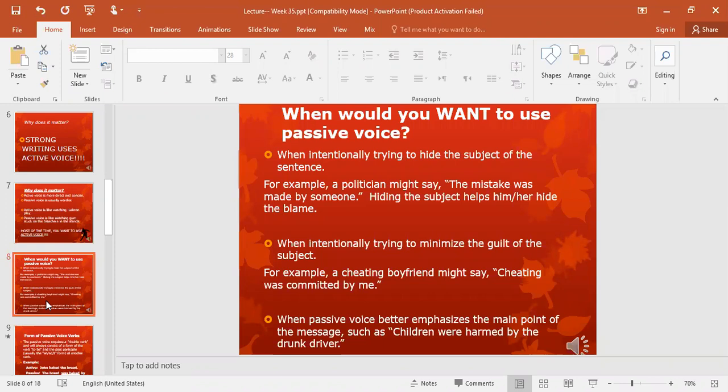When I want to hide something, I use the passive voice. For example, I can say, the car was hit by someone. Here I am trying to hide the identity of the person who hit the car. So here I'm using the passive voice.